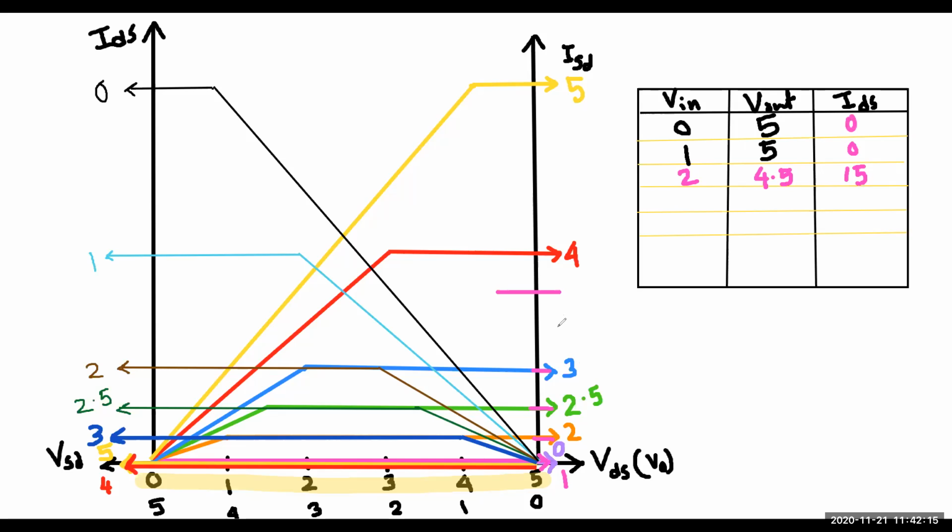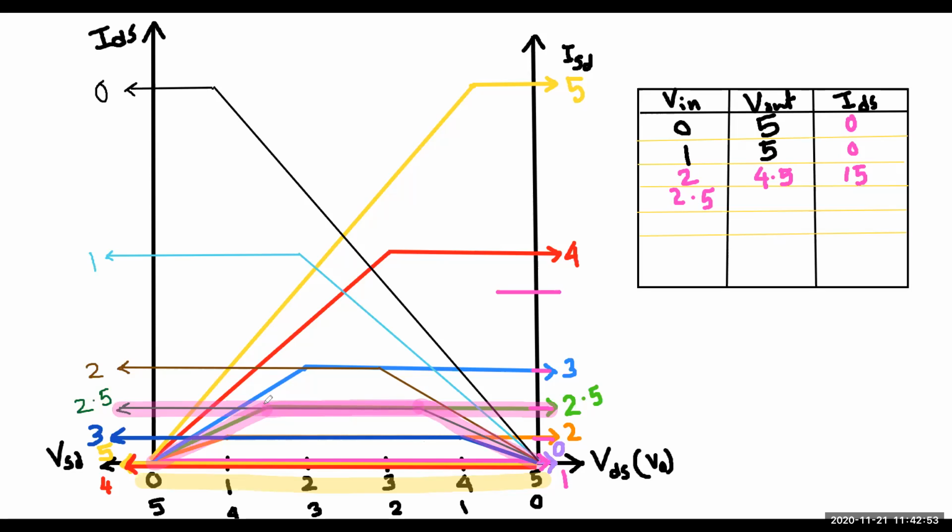Now for 3, let's write. For 3, which one is your curve for NMOS? No, for 2.5, not 3. We have drawn something wrong. For 2.5, which one is your curve? This one is your curve, and this one is the curve for the other.